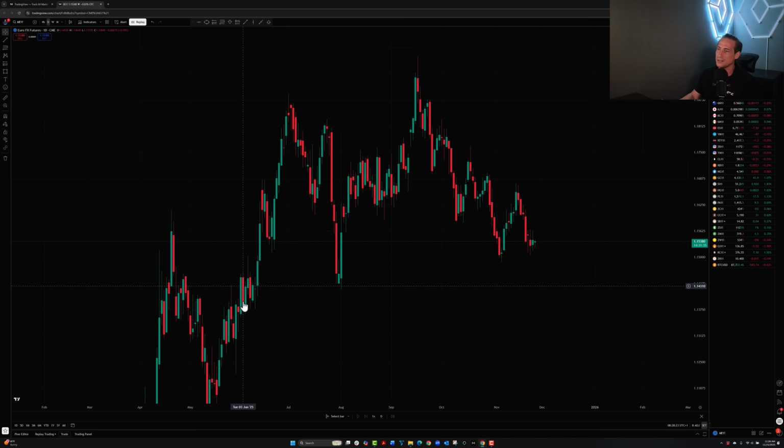You see here there's a rally-base-rally that is not even particularly strong. But then you see price came back into that rally-base-rally, created another demand zone, and came back again in here, created another demand zone.